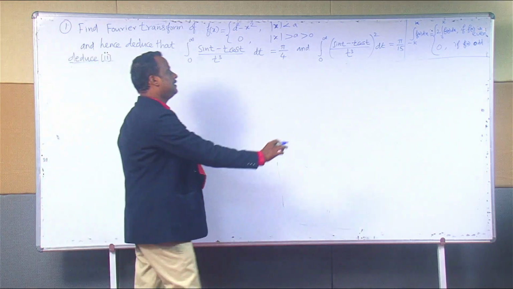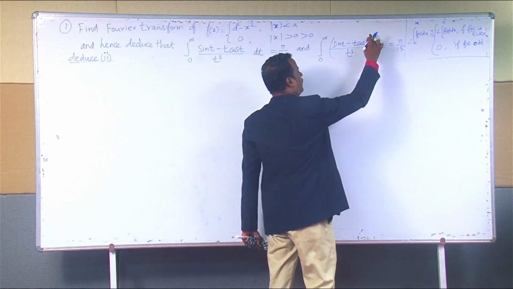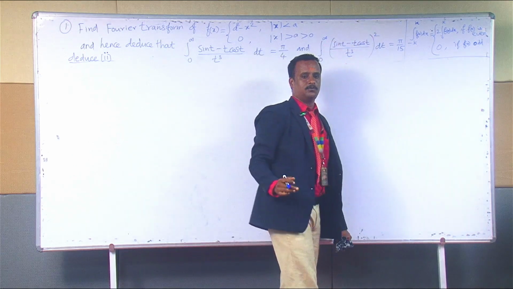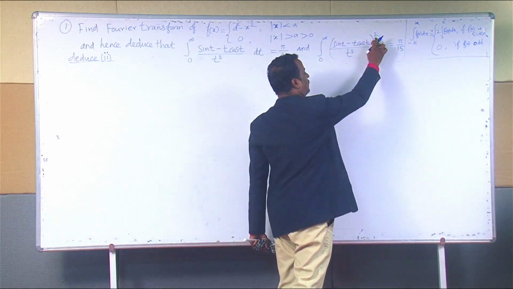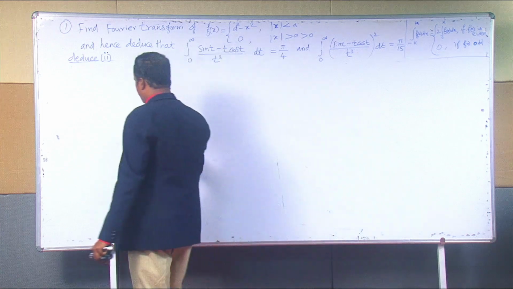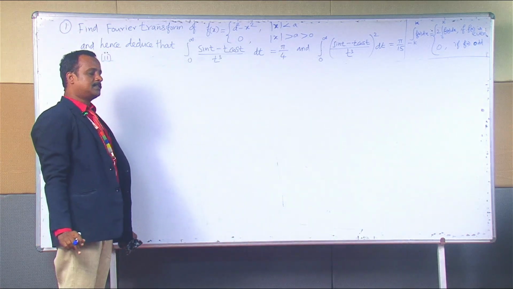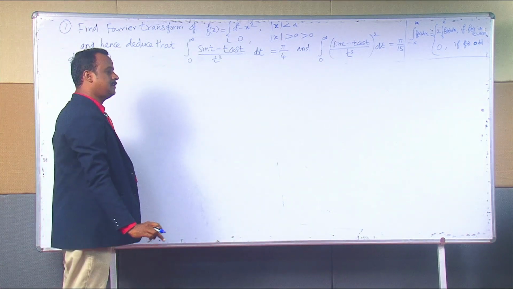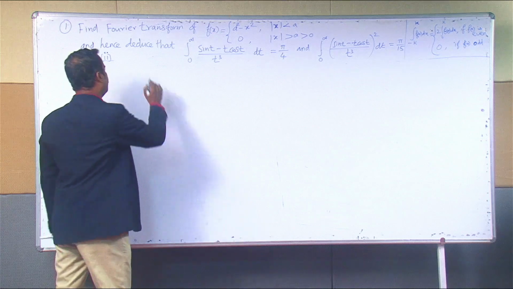Here, in this deduction part, we have square or power 4, more than 2 powers, even powers, that is square or 4. Then we have to use the formula, Parseval's identity, or we can call it Parseval's theorem.